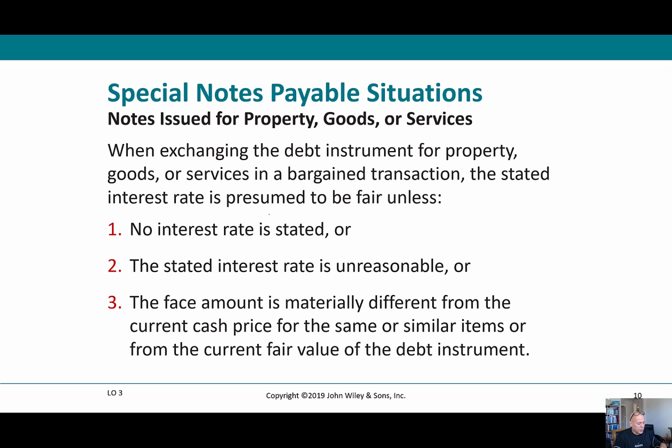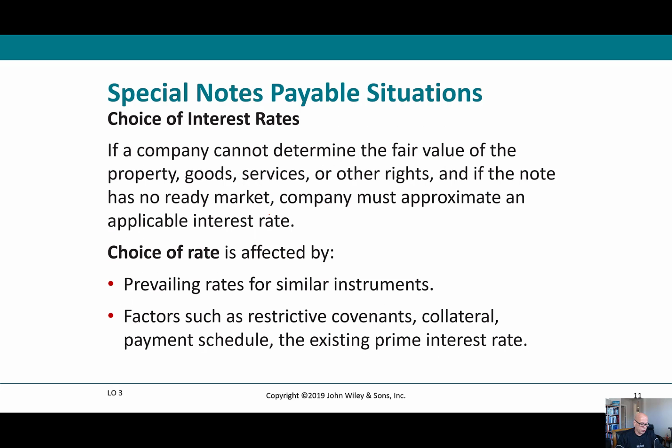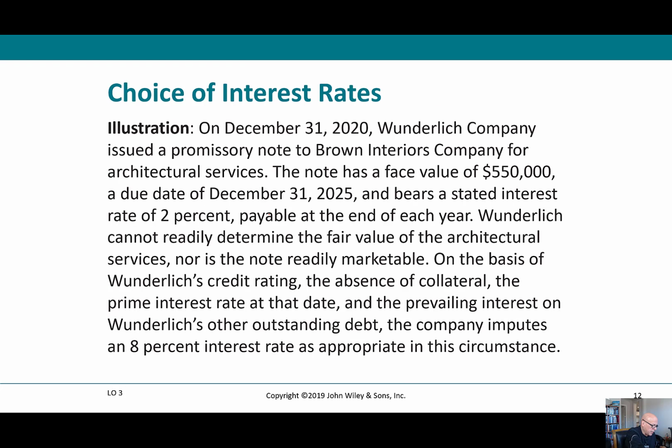If the property doesn't have a more readily determinable value, then you have to look at the note itself and choose an appropriate interest rate depending on the creditworthiness of the borrower, etc. Once you do that, you can do the calculations along the lines of what we did in this example.